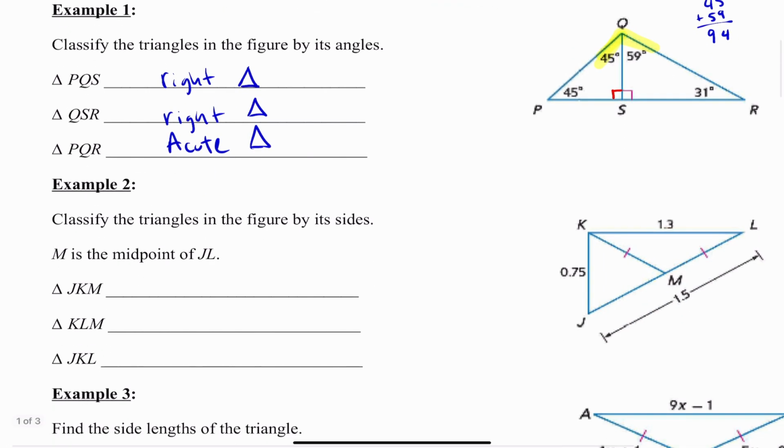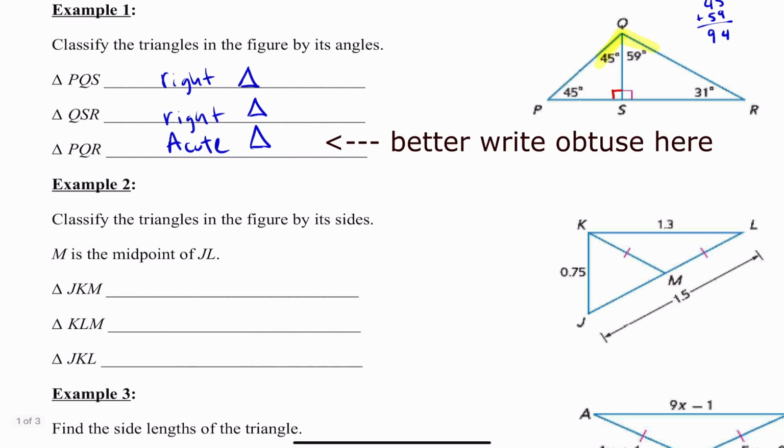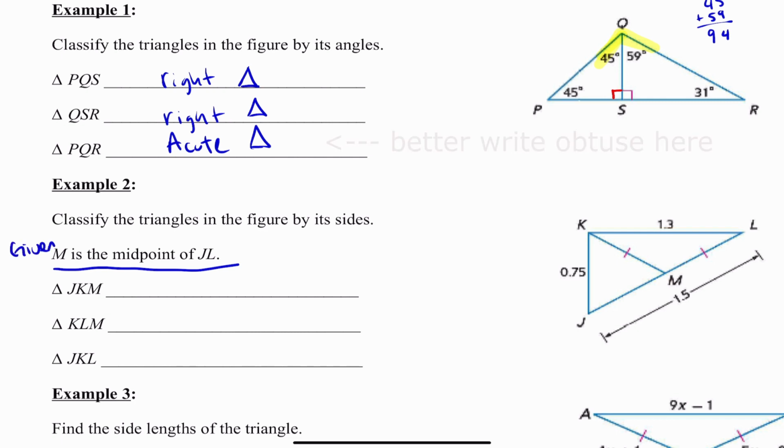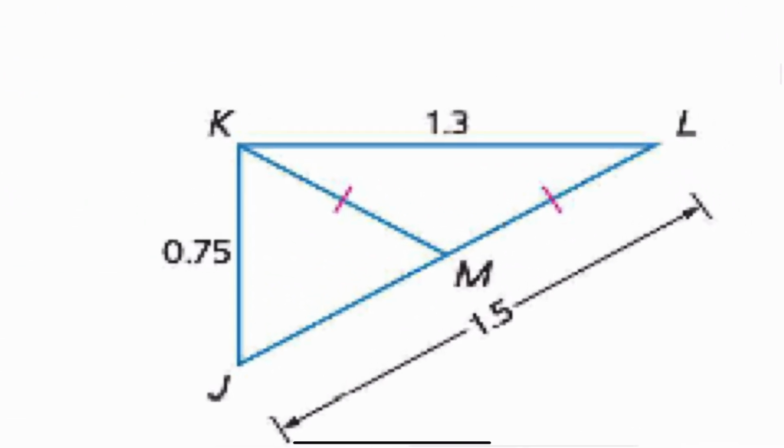Example 2. Classify the triangles in the figure by its sides. M is the midpoint of JL. This is my given. So if M is the midpoint of JL, so here's M, and this is JL, that means that it is going to split the segment into two congruent parts, okay?